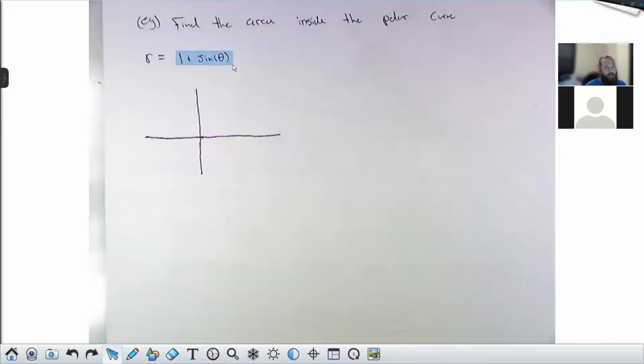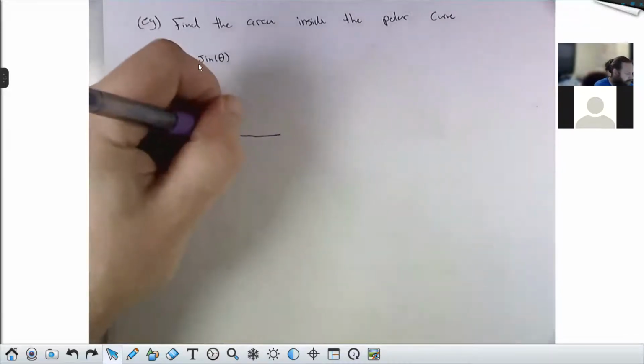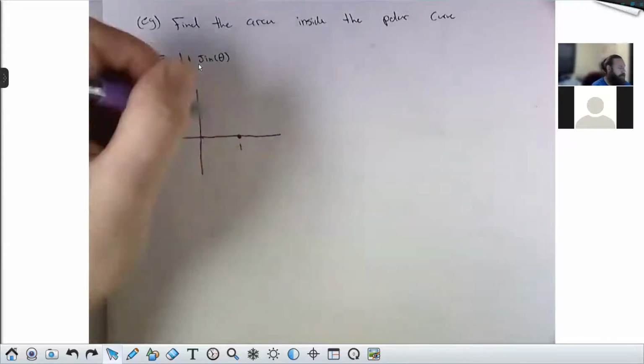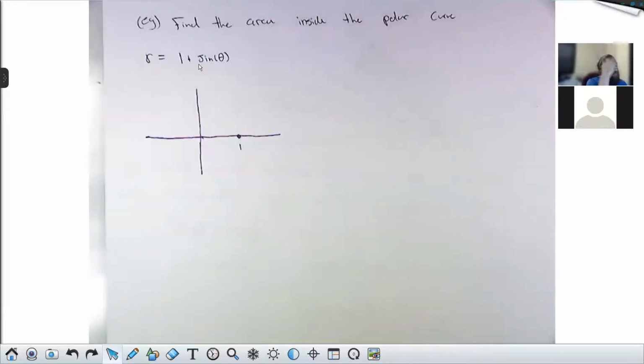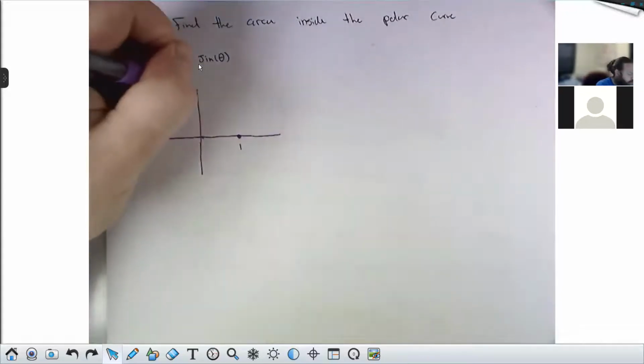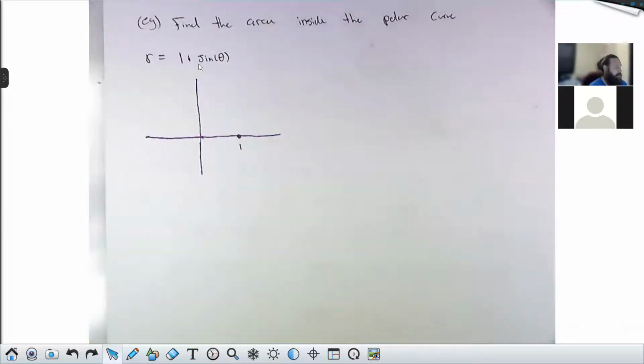So when theta is 0, when we're over here along the polar axis, r is 1 plus sine of 0, which is 1 plus 0, which is 1. So I've got a cardioid here. If I mark this as 1 on the polar axis, I know I go through here. When theta is pi over 2, r is 1 plus the sine of pi over 2.